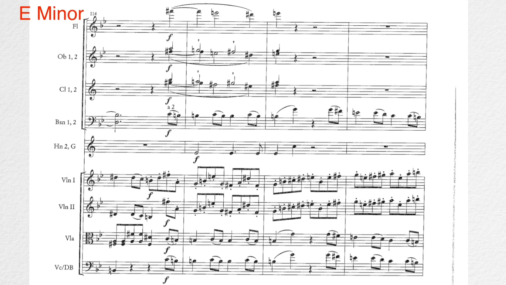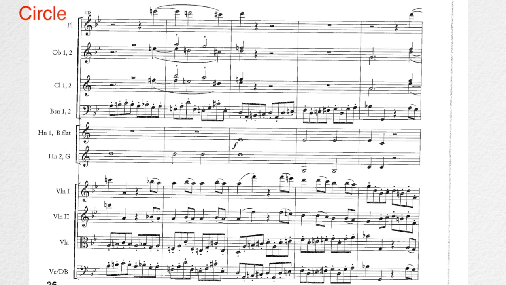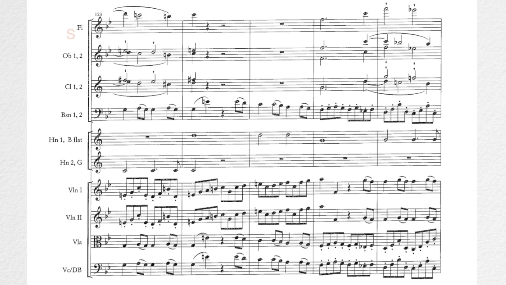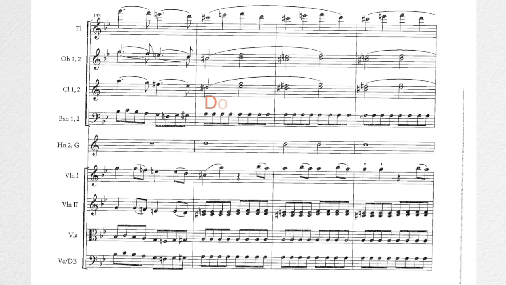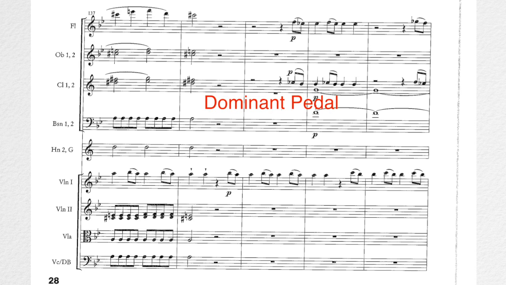The music then lands on the key of E minor, which is where the exploration of keys begins, following the circle of fifths. The repeated A notes in the bassoons creates another dominant pedal.